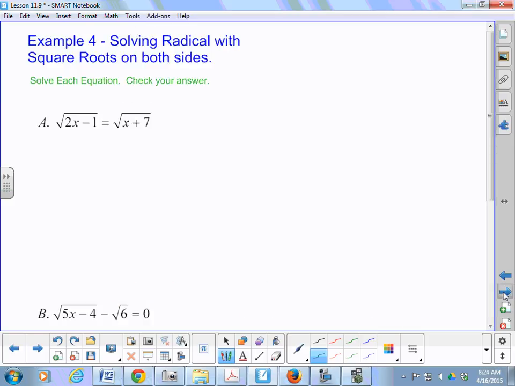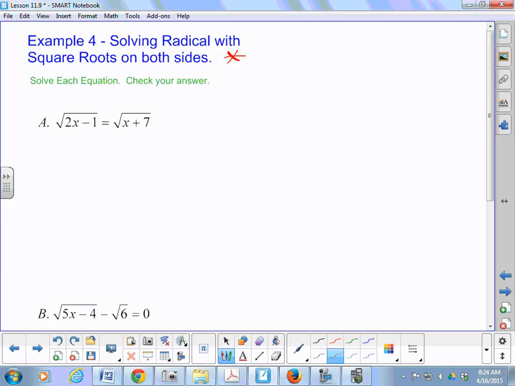Here's the first big curveball. I have a radical on both sides, or if I have 2 radicals. So, new situation. Square roots on both sides, or more than 1 radical.